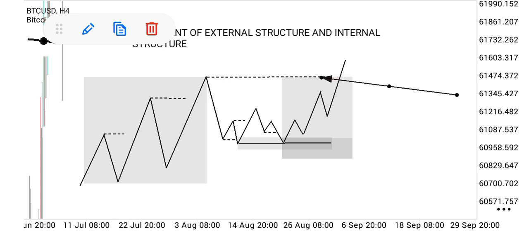For us to get the market to clear this, I must align the internal market structure with the external market structure. The internal market structure is this: market giving us a sweep of liquidity, break of structure to the upside. You see, aligning, break of structure, MSS, redirecting the market to the actual position, which is an uptrend.